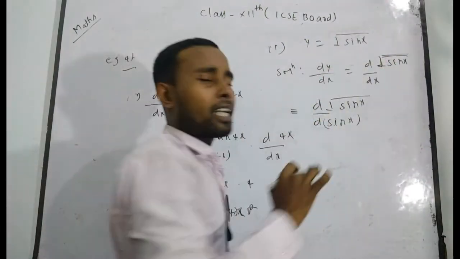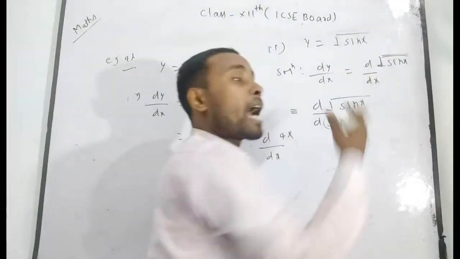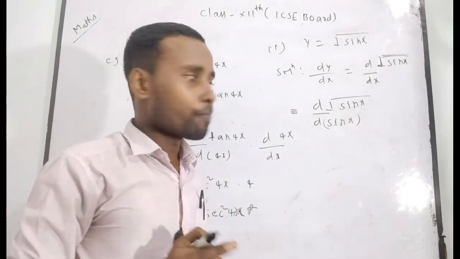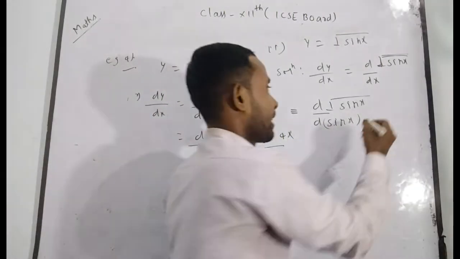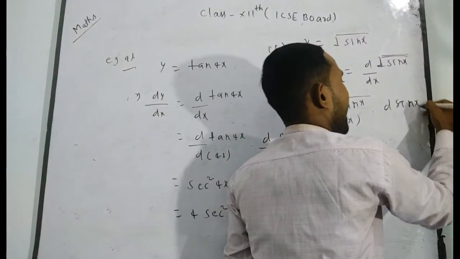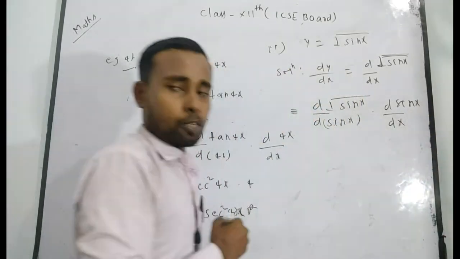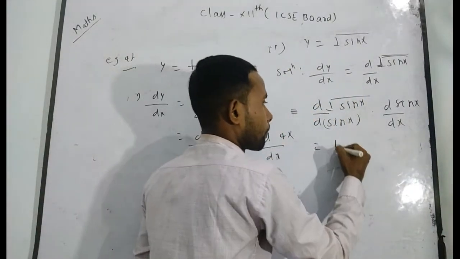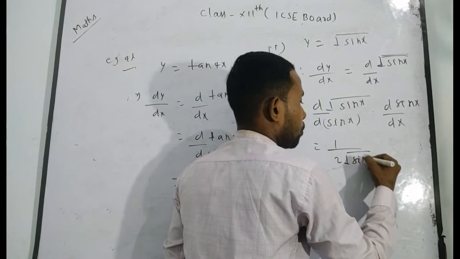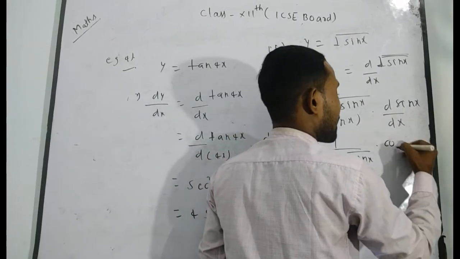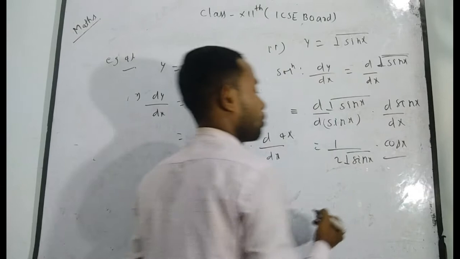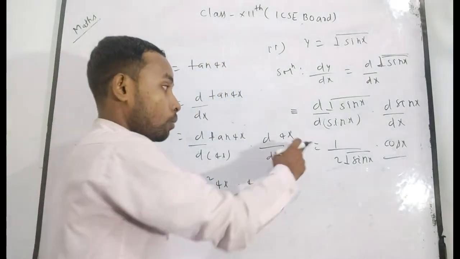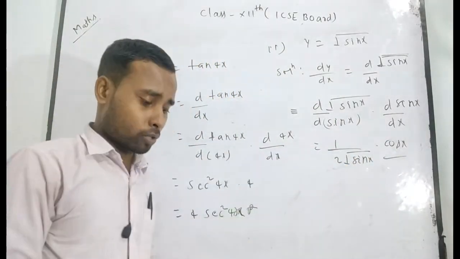Then it is root under p, and root p is differentiated with respect to p. Now again you have to differentiate sin x with respect to x. It will be 1 upon 2 root under sin x, and the derivative of sin x with respect to x is cos x. So the answer will be cos x by 2 root sin x.